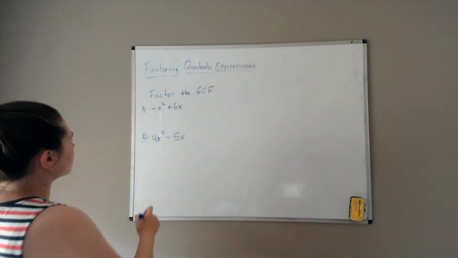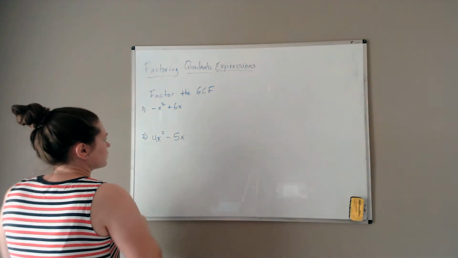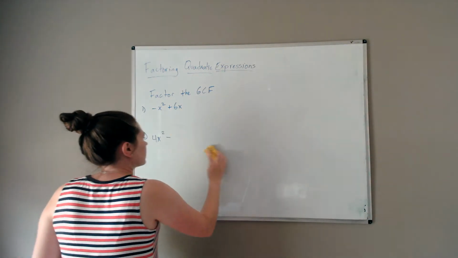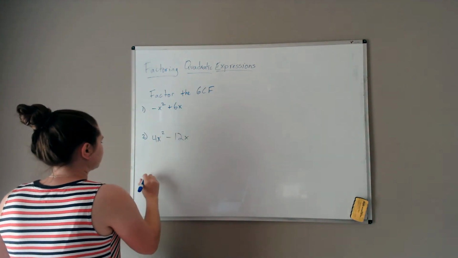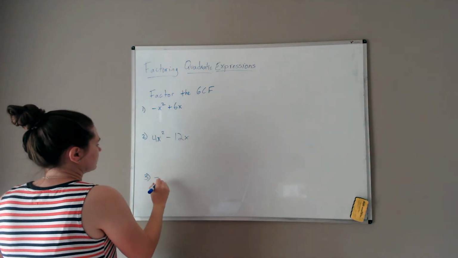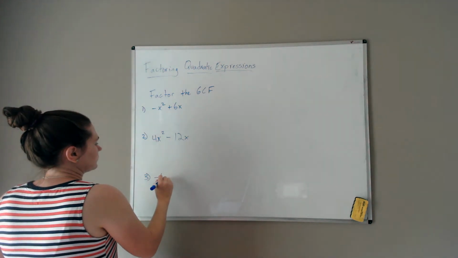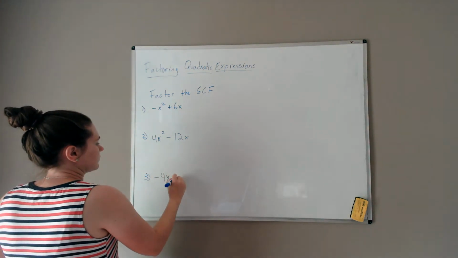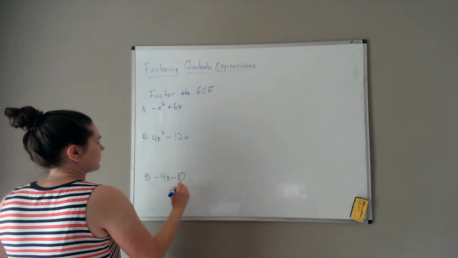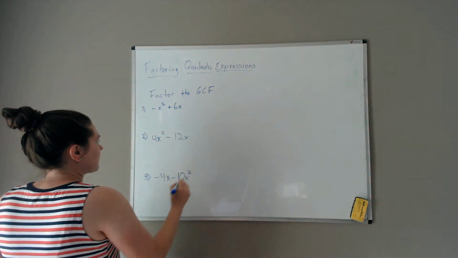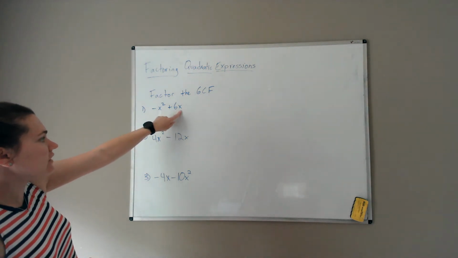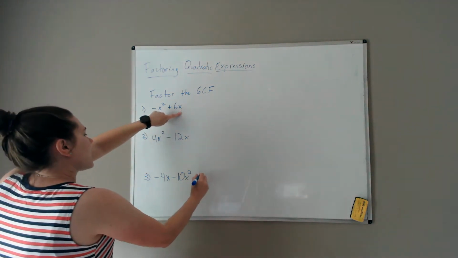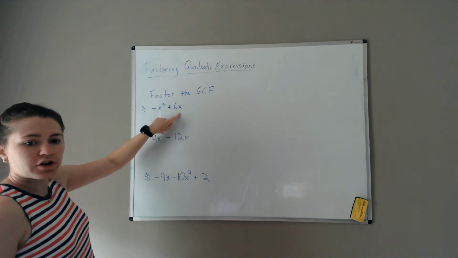So in the first expression, let's change number 2 a little bit. Number 1 is negative x squared plus 6x, and we have two terms in this expression.